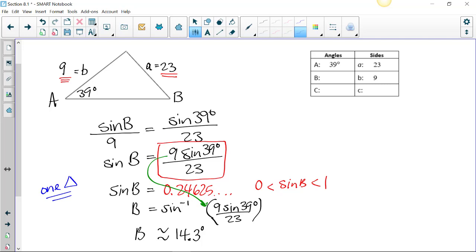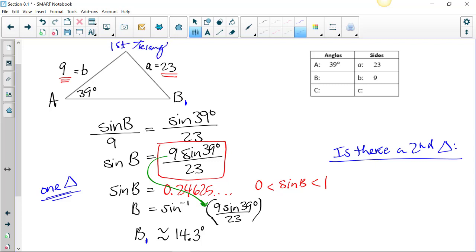Now, what I want to know is, is there a second triangle that could exist? So we take that value and we find its supplement. I'll call that B1, because that's angle B in your first triangle. It doesn't matter how you label it as long as you can keep the two triangles straight.